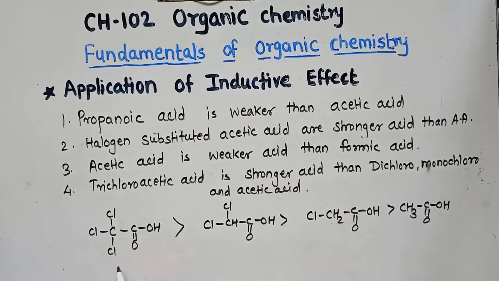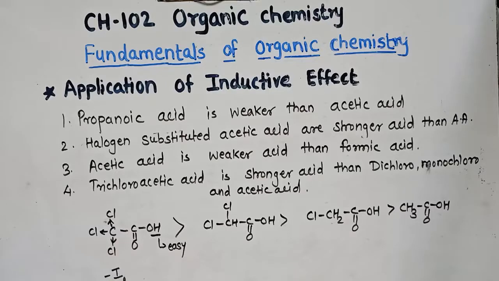Why? Because chlorine shows minus I effect. It withdraws the electrons. So the electron density decreases and dissociation of this H plus is very easy. Minus I effect is more due to the 3 chlorine atoms.